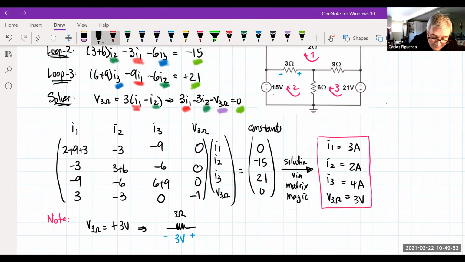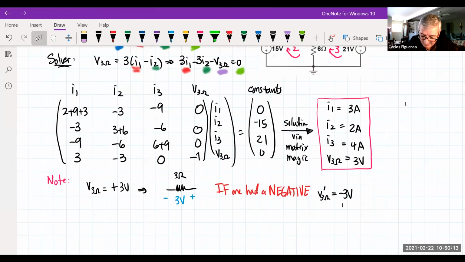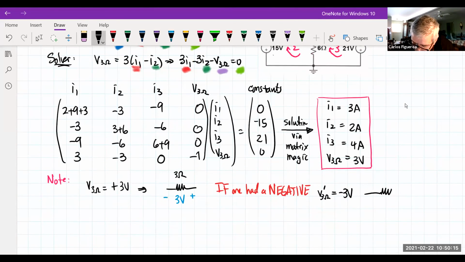If one had a negative value, remember, this is an assumption. In other words, if you calculate V3 ohm prime and got 3 volts with a negative sign, then that just tells you that the polarity changed and it's really this way. Okay, but note that's not our case. This is just an example.